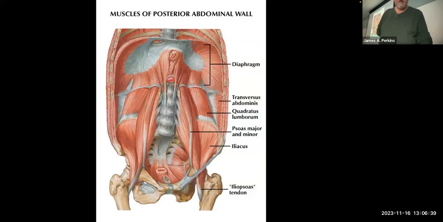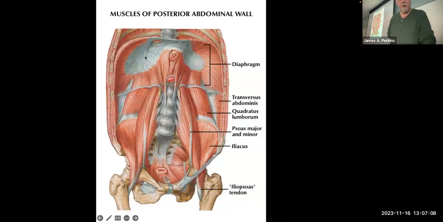Suffice to say that it originates from a bunch of the ribs, a bunch of the costal cartilages, the sternum, different parts of the lumbar vertebrae, pretty much every bone near the upper part of the abdomen. So the lumbar vertebrae, ribs, costal cartilages, sternum, etc., are giving rise to the diaphragm. We will look at some specific parts of it in just a minute.